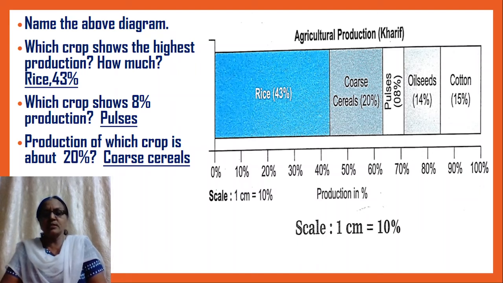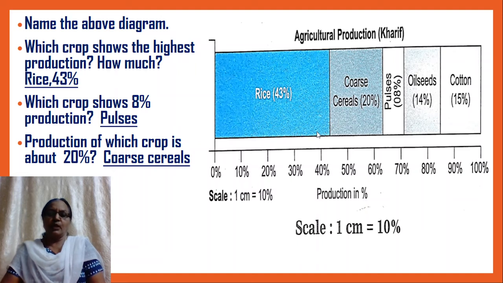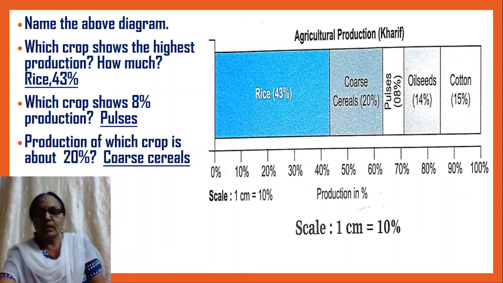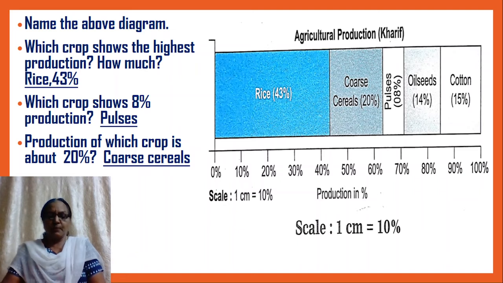The next one: which crop shows 8% production? It is pulses. Next one, production of which crop is about 20%? Just see which crop is 20%. It is coarse cereals. So production of coarse cereals is about 20%.